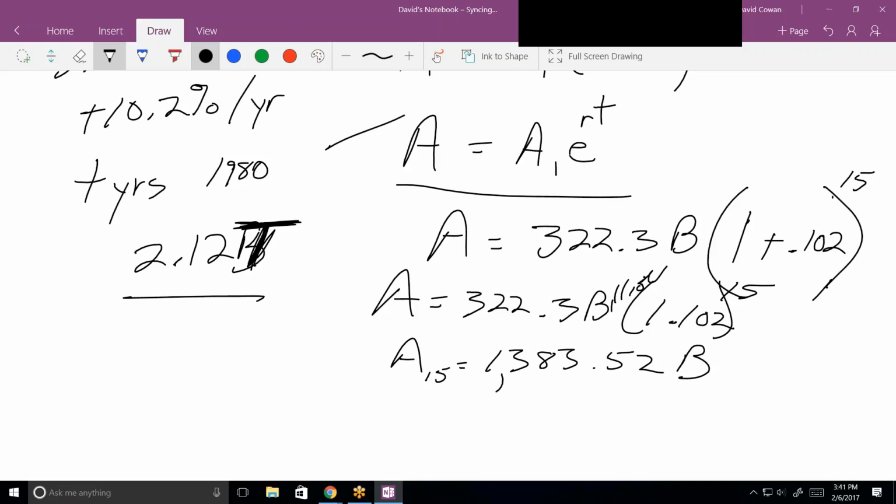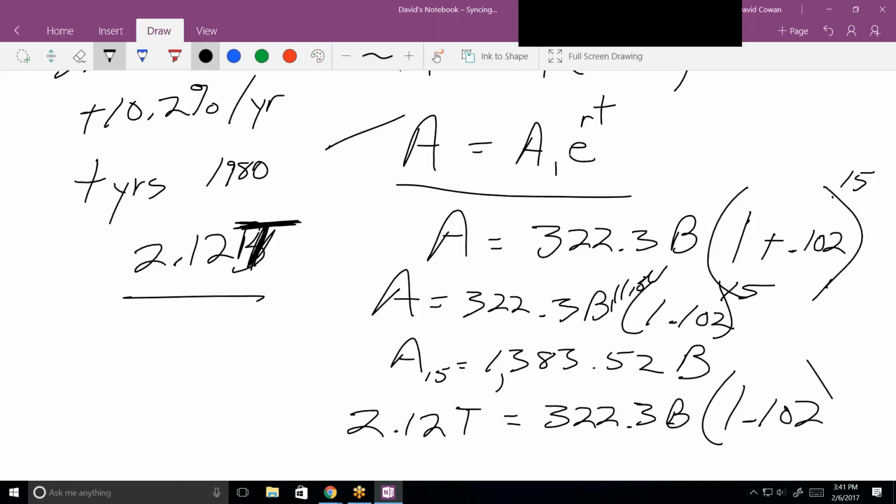So the second part of the question says, when will the debt hit 2.12 trillion, correct? So the left needs to be 2.12 trillion, and that's going to equal the starting amount in billions times 1.102 to the t. And we're trying to solve for t.